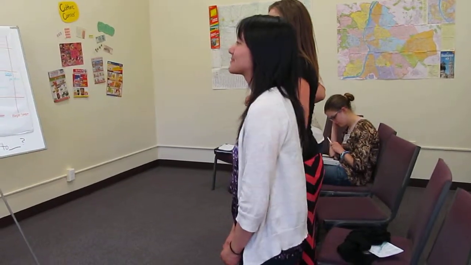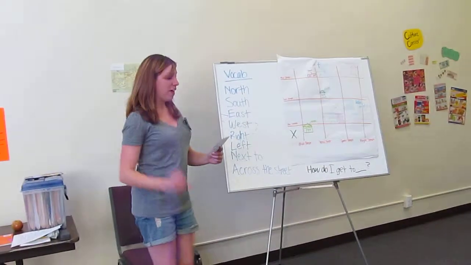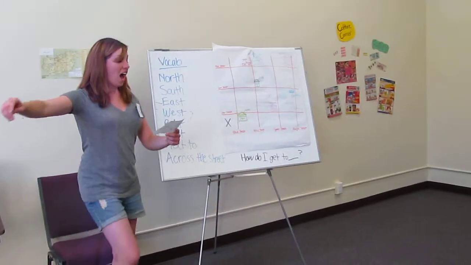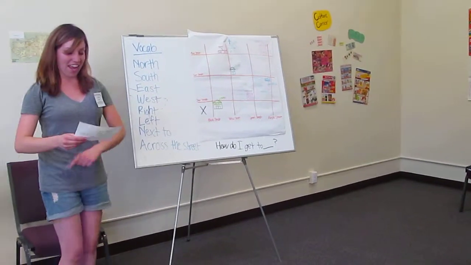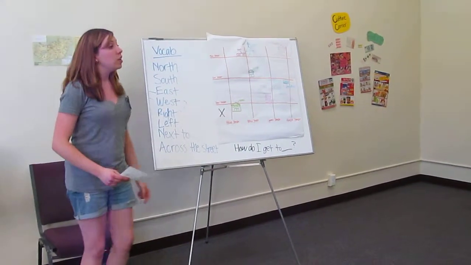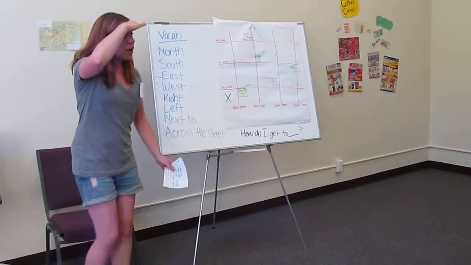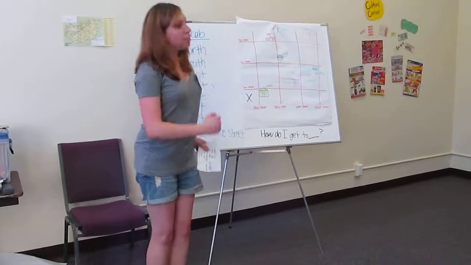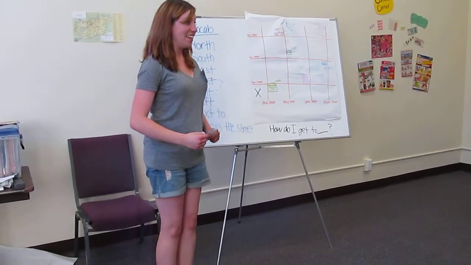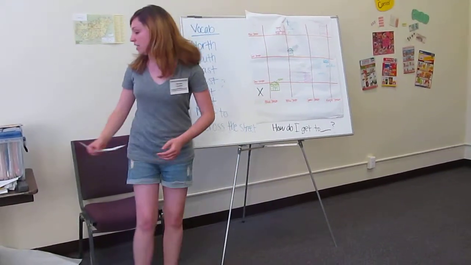Okay? I want to go north, south, east, and west. I might turn right or take a left. Will you be next to me or watch me from across the street? Okay? It's kind of complicated, so let's break it down.